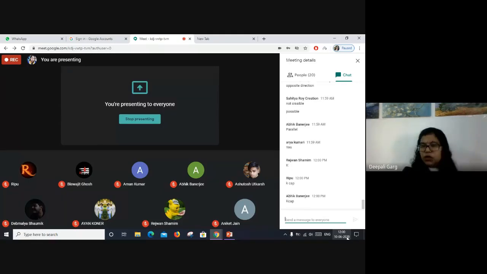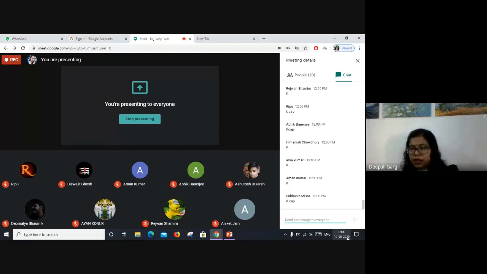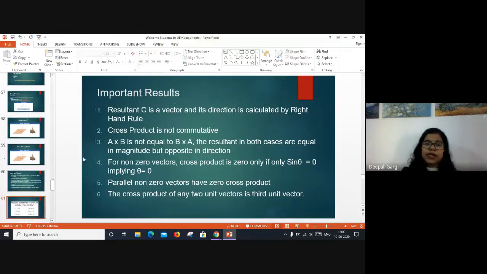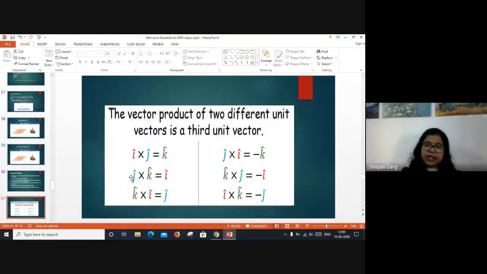So the vector product of two unit vectors is the third vector, taking into consideration the direction. So i j will always be k, j k will always be i, k i will always be j. So i into j is k, j into k is i, k into i is j.